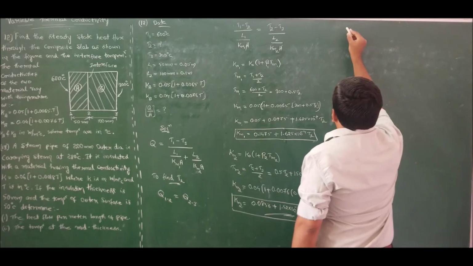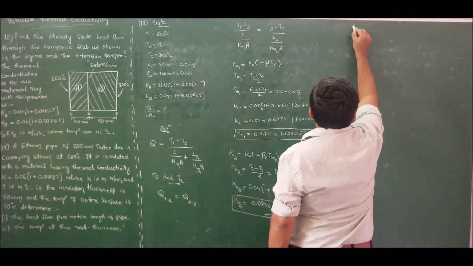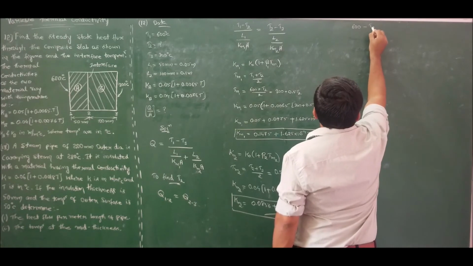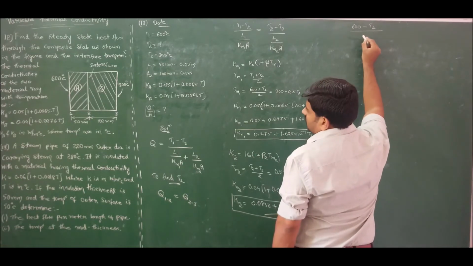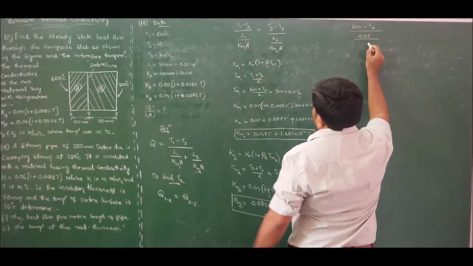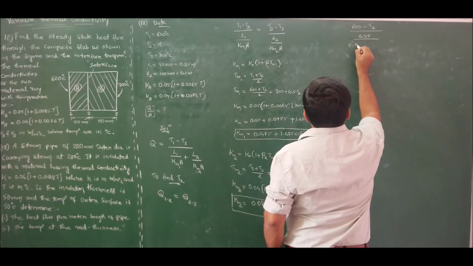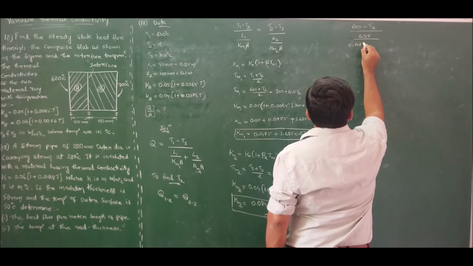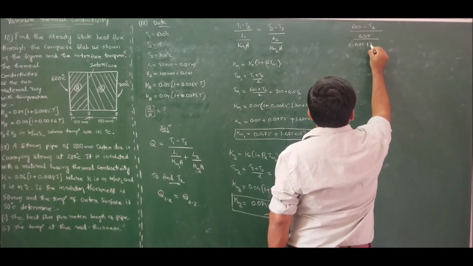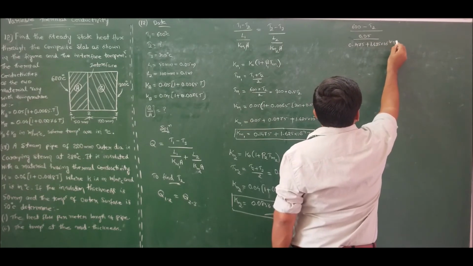Now if I solve, we know the value of T1. T1 is 600 minus T2, which is unknown, divided by L1, which is 50 mm, that is 0.05, divided by K mean 1. K mean 1 is 0.1475 plus 1.625 into 10 to the power of minus 4 T2.